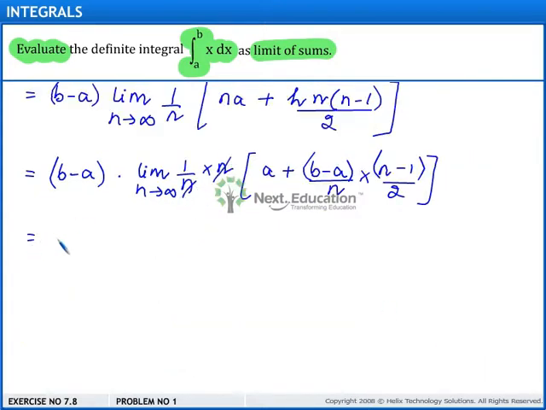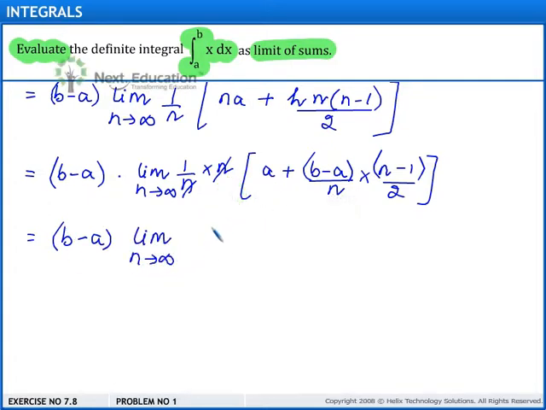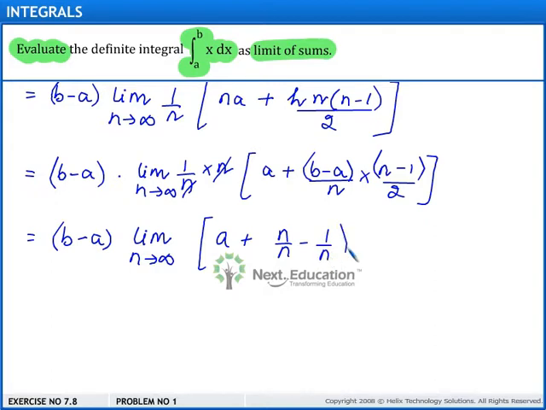So this is further equal to (b minus a) into the limit as n approaches infinity of a plus (n upon n minus 1 upon n) into (b minus a) upon 2.